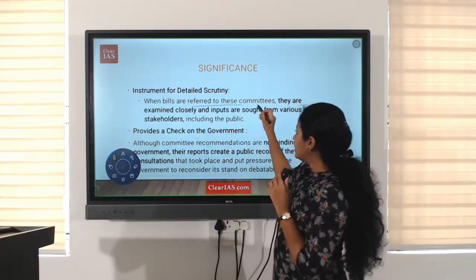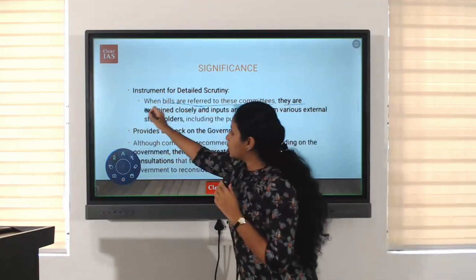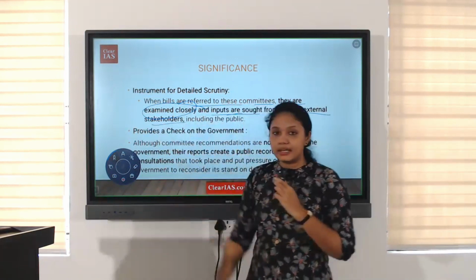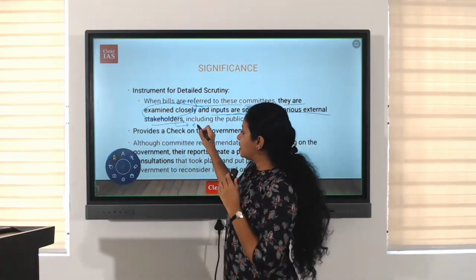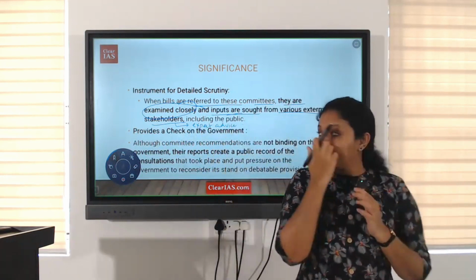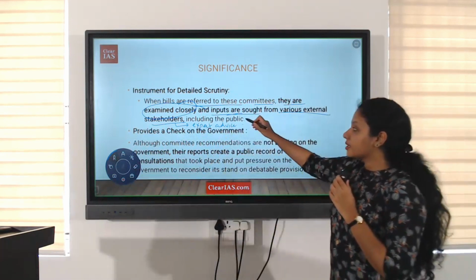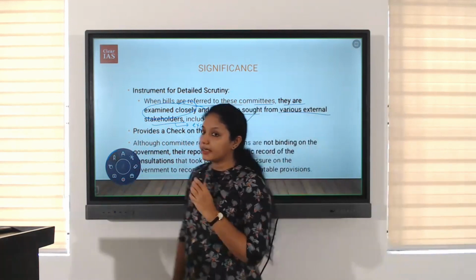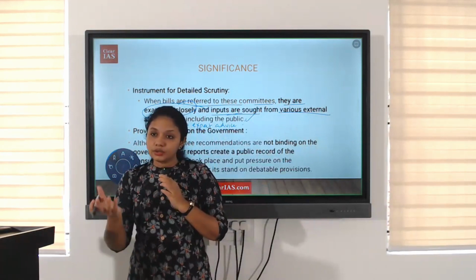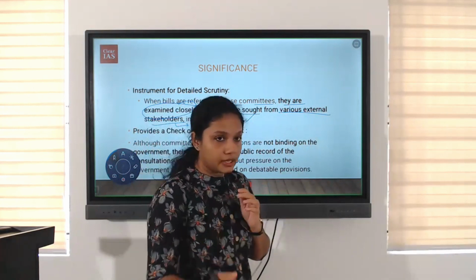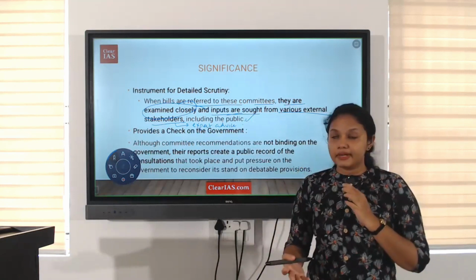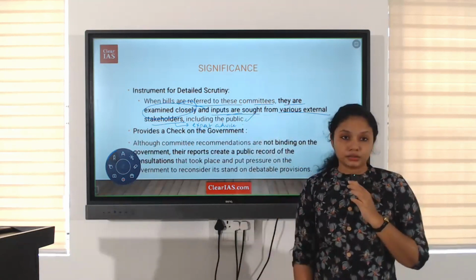When the bills are referred to these committees, they are examined closely and inputs are sought from various external stakeholders. That indirectly means expert advice is taken, right? So including public scrutiny. In certain bills, we have heard that this bill is kept for public opinion, right? So even from the public or from other experts, we are getting information or expert advice. So, an instrument for detailed scrutiny.